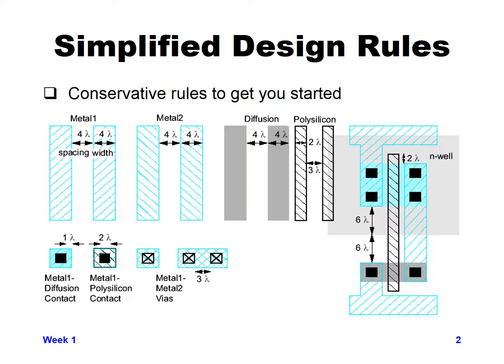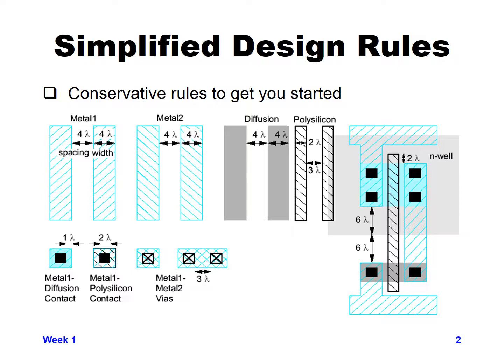The last one that I see on this slide is on the more upper right. There's a 2 lambda, which is showing how much the polysilicon has to go beyond the N plus or P plus diffusion, by at least 2 lambda, to make sure it fully covers that diffusion and you don't accidentally get a short at the very edge of your diffusion, where the 2 diffusion layers are shorted together.